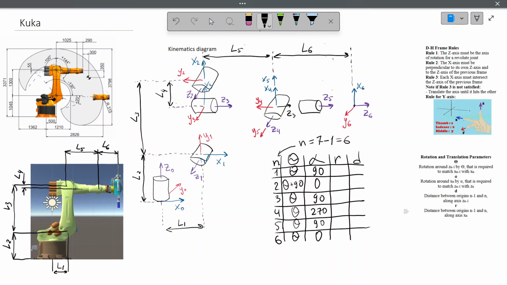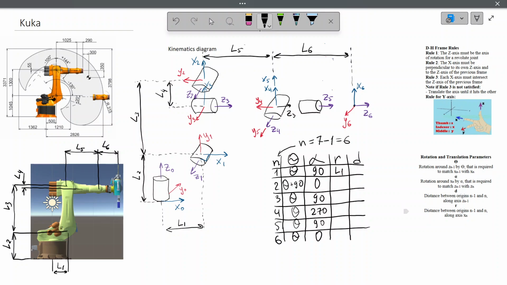Next, R. Distance between the previous and current origin along the current axis. So here the current axis is x1 and the distance between the previous and this one is L1. Here we draw L1. Next we have the first one and the second one.